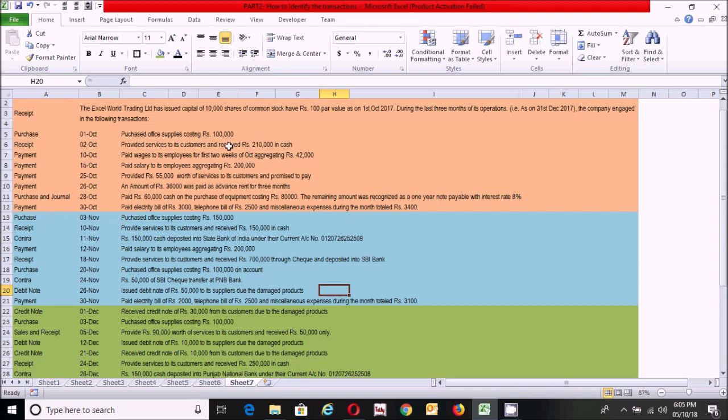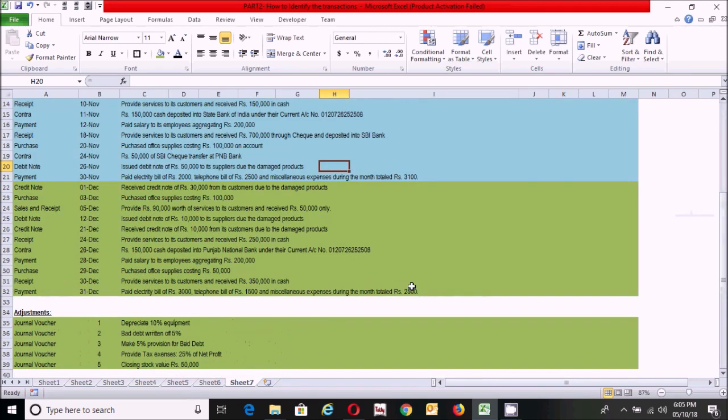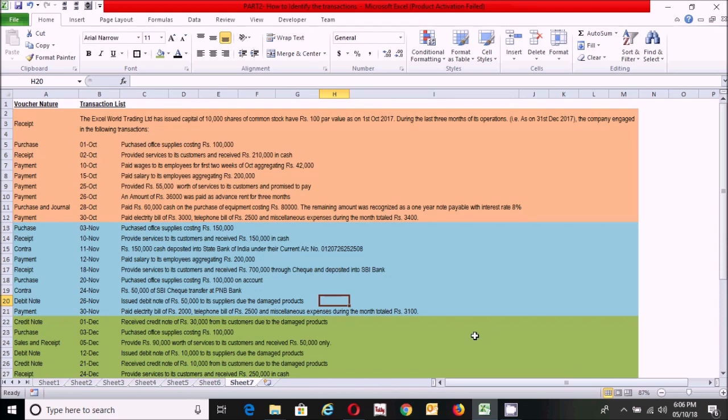This color represents our October transactions, this section represents our November transactions, and these sections represent our December transactions. I made these transactions myself as an example, prepared to save our time.